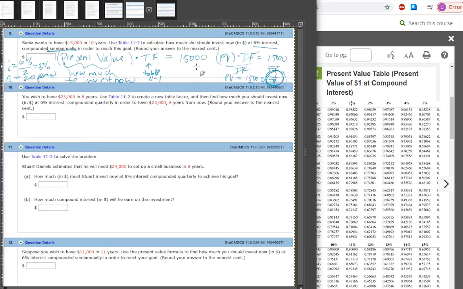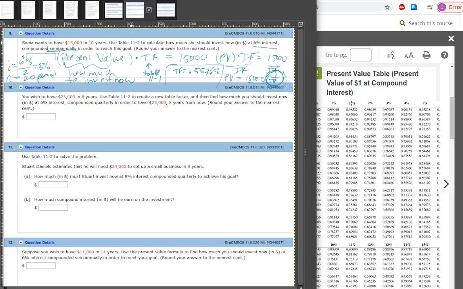So we're going to take 15,000. And then we have the table factor. I know it's getting a little bit jumbled, I'm sorry about that. But the table factor, we found it, 0.55368.